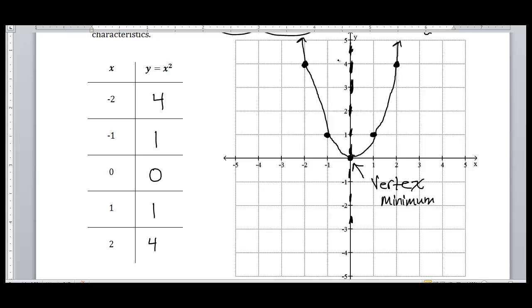So let's say I put my mirror and I'm looking through and I see this side reflected in that mirror. It'll lay exactly on top of that side over there, right? This line right here is called our axis of symmetry. And it always goes through this x coordinate where our vertex is.